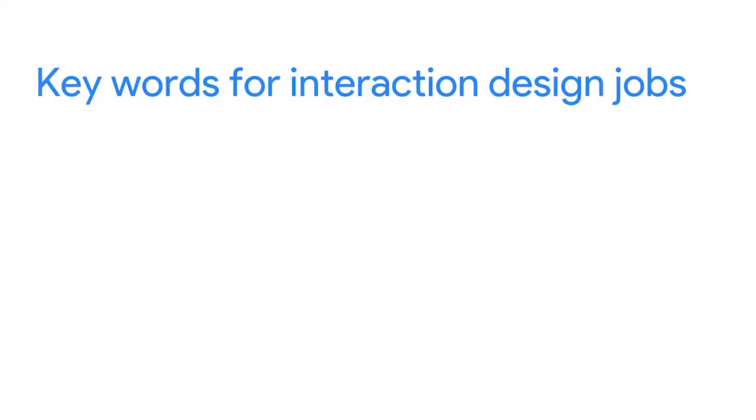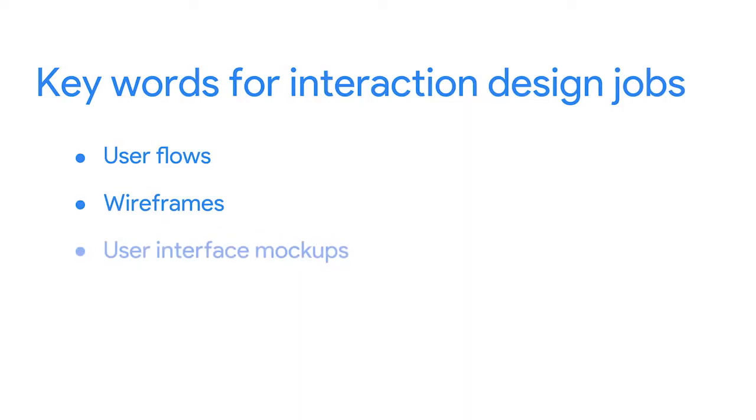I'm an interaction designer myself here at Google. Some keywords to look out for when searching for an interaction design job are user flows, wireframes, user interface mockups, and prototypes. If you excelled at creating your wireframes earlier in the program, you might want to pursue interaction design.